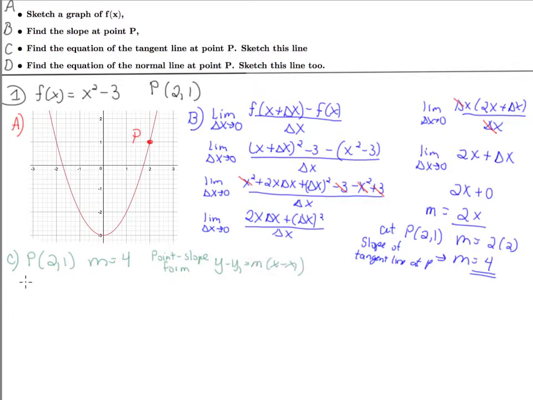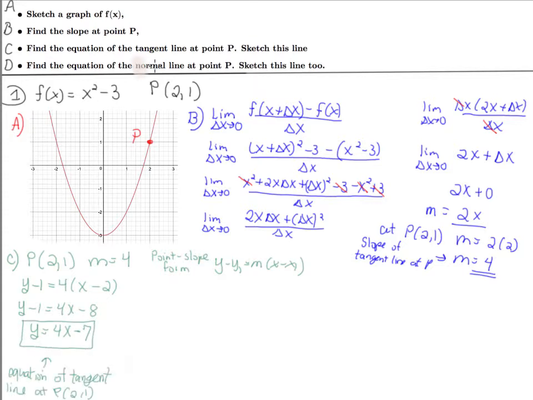Well, you plug in the x and y value of the given point. So I'm going to plug in a 1 in place of y1, I'm going to replace m with 4, and x1 I'll replace with 2. And then I'm going to rewrite this so I'll get y equals. My equation of my tangent line is y equals 4x minus 7.